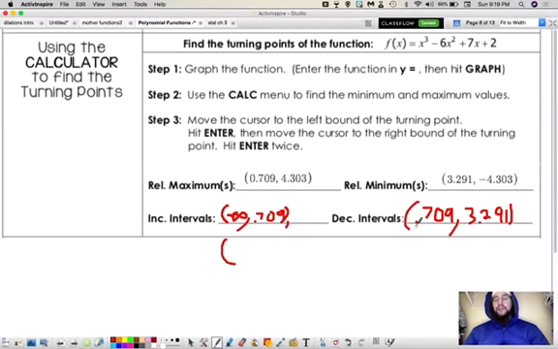Put a union symbol and it wants a comma, it's going to mark it wrong. So just pay attention to the directions. For me personally, don't care. Enough yammering. 3.291, again, we're looking at the location of those turning points to infinity.